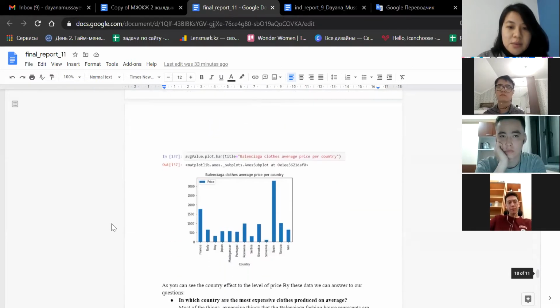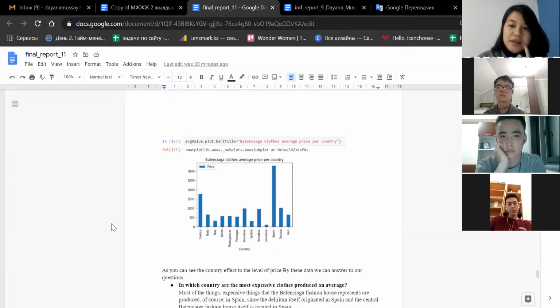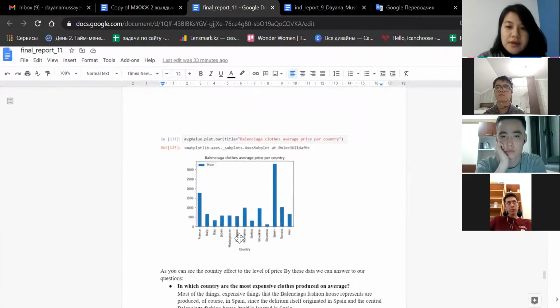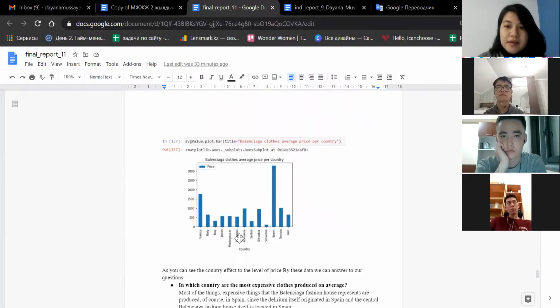And the next question is, in which country are the most expensive clothes produced? Of course, in Spain, because these are the original clothes of the brand Balenciaga.